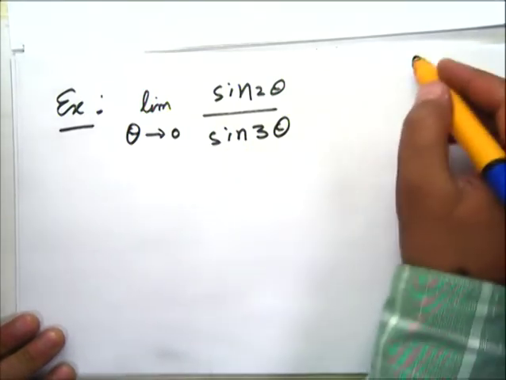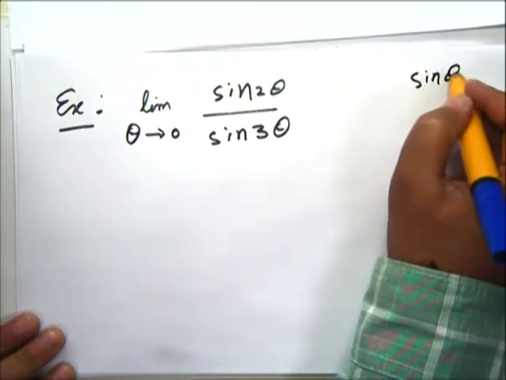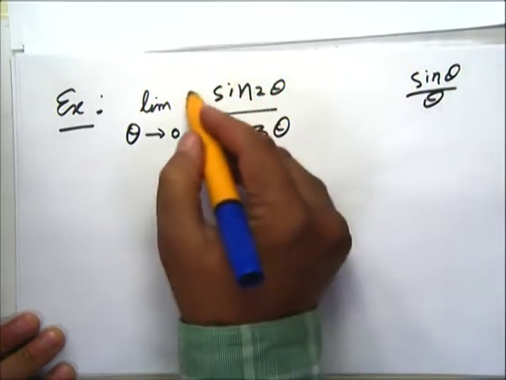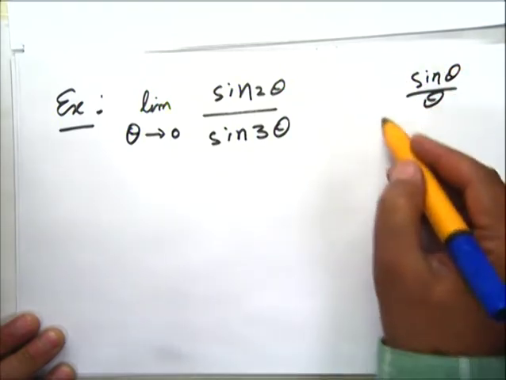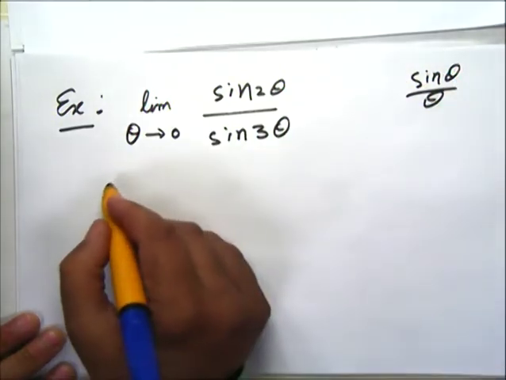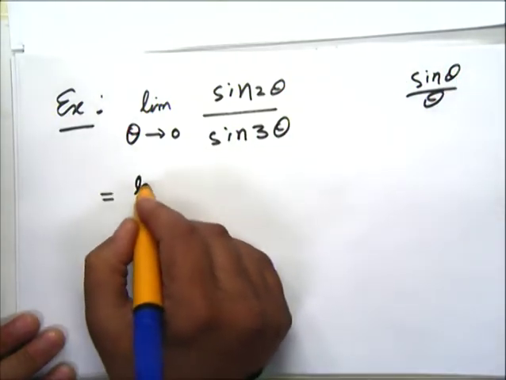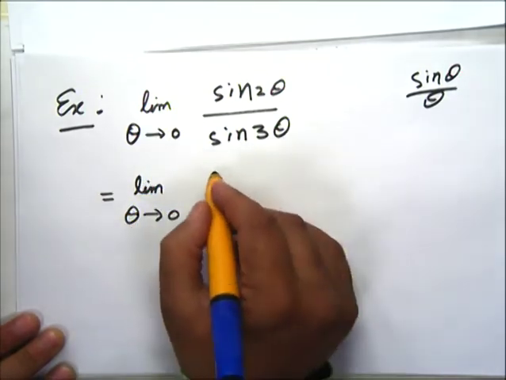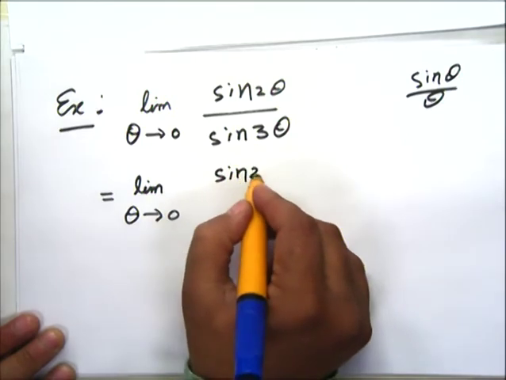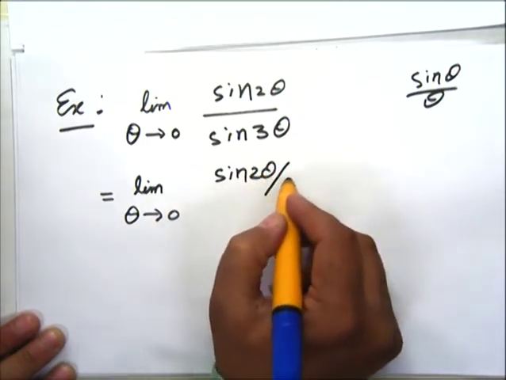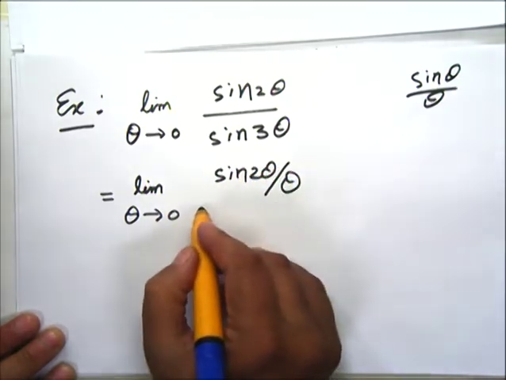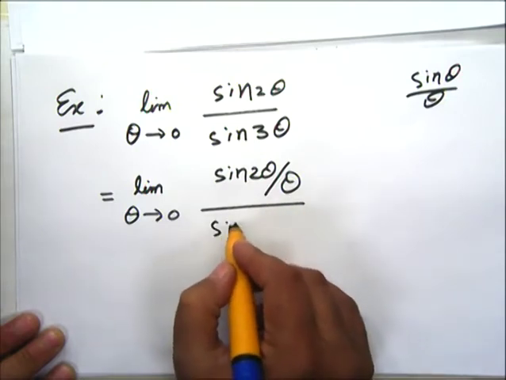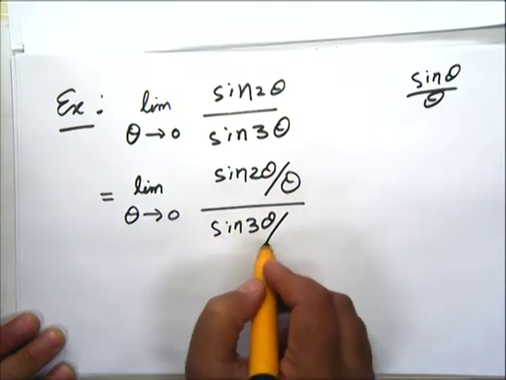So what to do? We have to use sine theta upon theta. So we will convert this sine 2 theta into this form. So I will write limit theta tends to 0 sine 2 theta upon theta upon sine 3 theta upon theta.